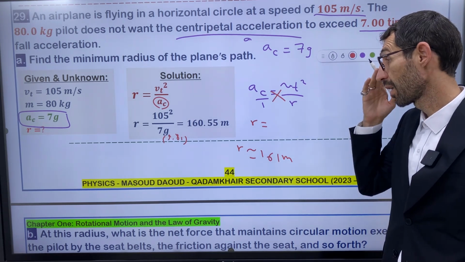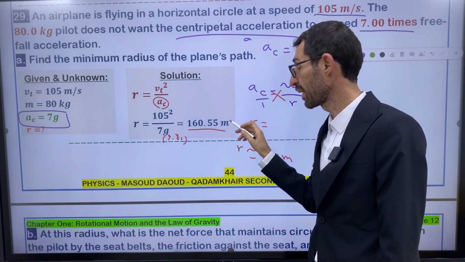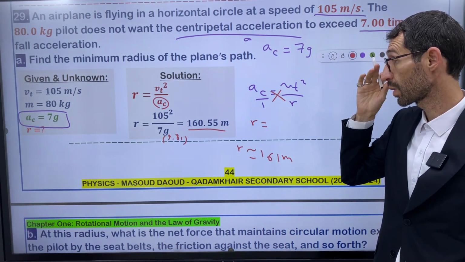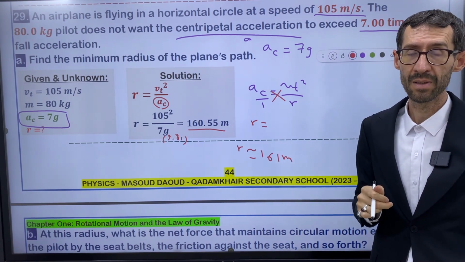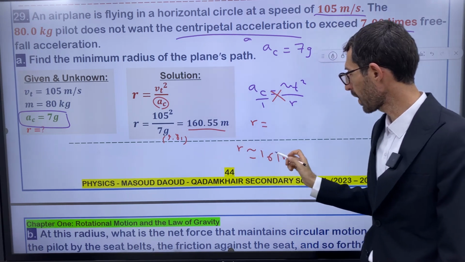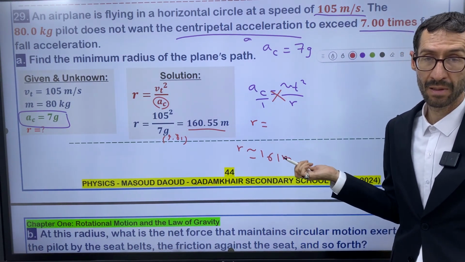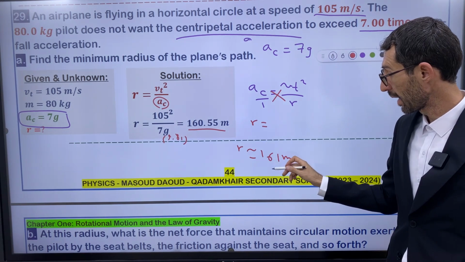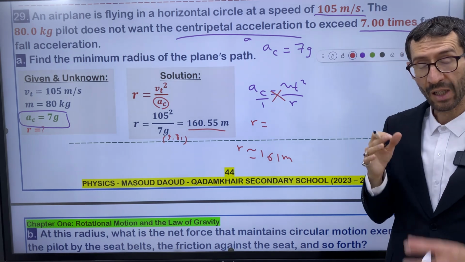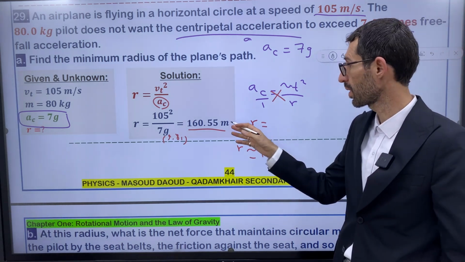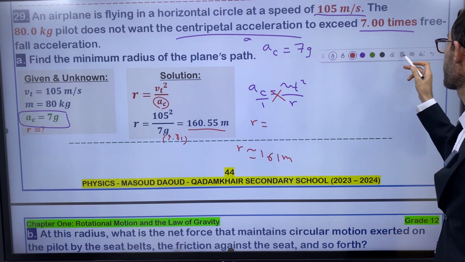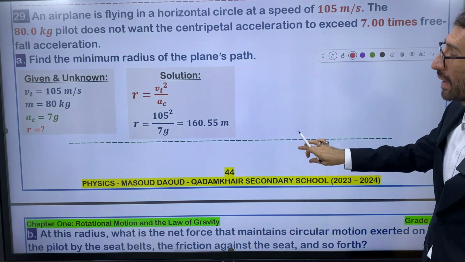They are close to the number, because during your solution you don't get the exact number. In this situation, maybe one option is 161 meters. That's why you have to circle the closest answer to your number, right?